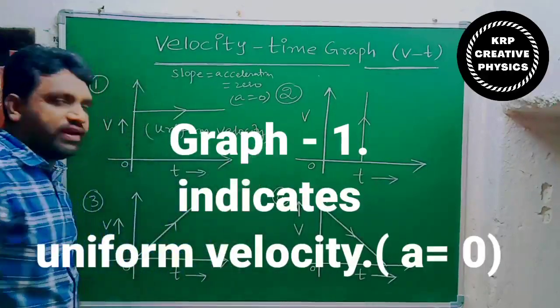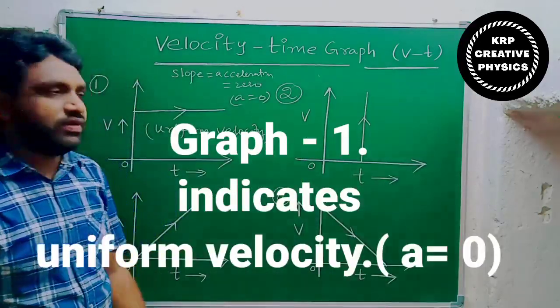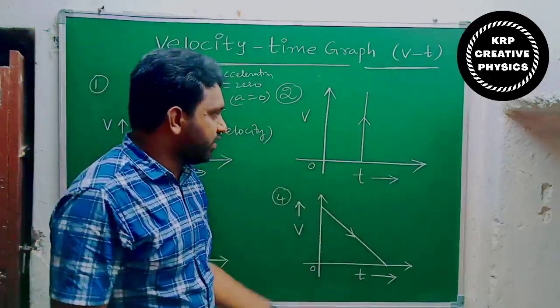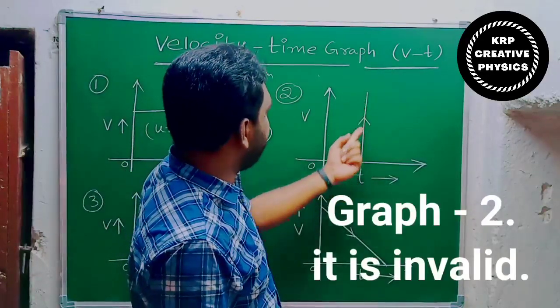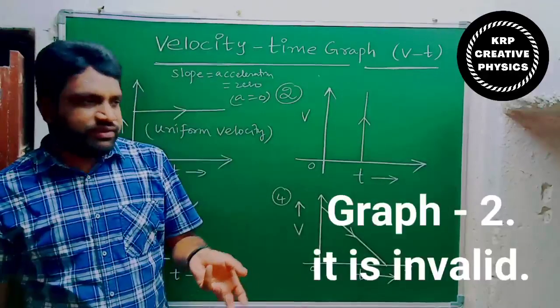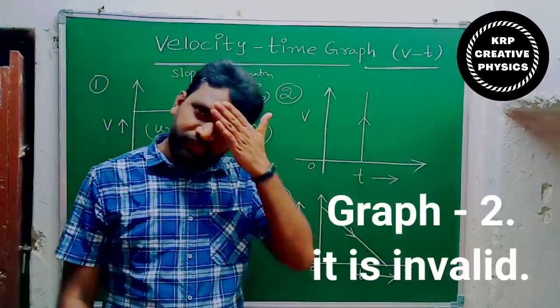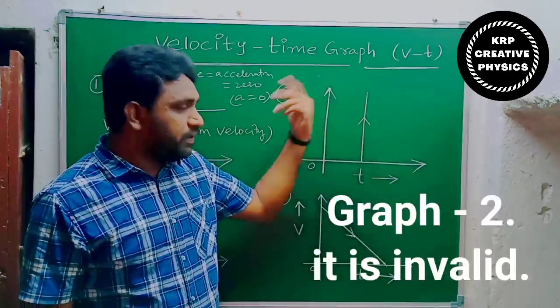So this is regarding the first graph. Okay, let's move into the second graph. If we consider this particular second graph, at a particular time we are getting different velocities. Is it possible to have different velocities at a particular time? It is impossible. And from this graph, it is also clearly known that slope is infinity.